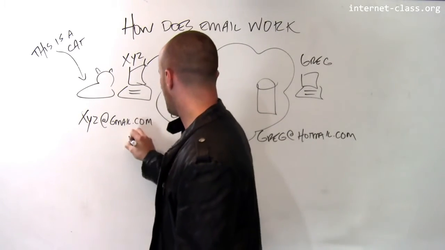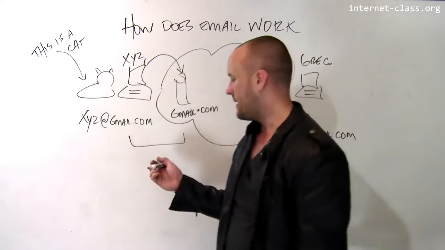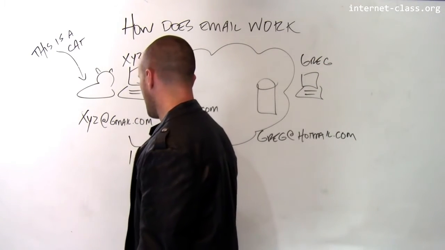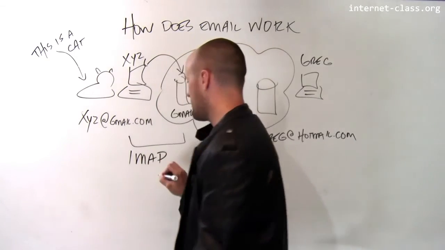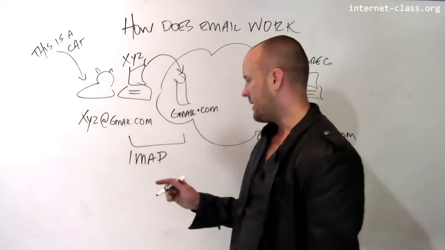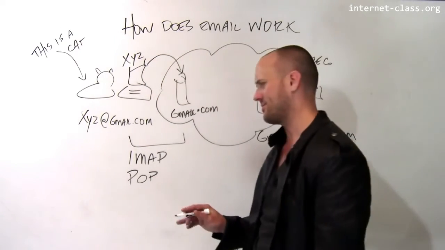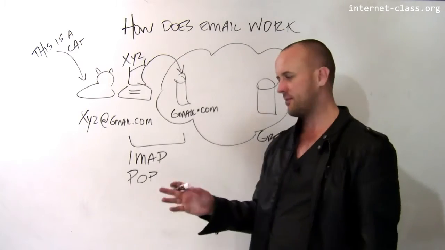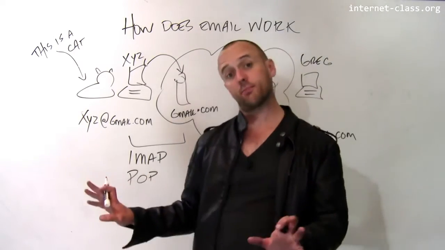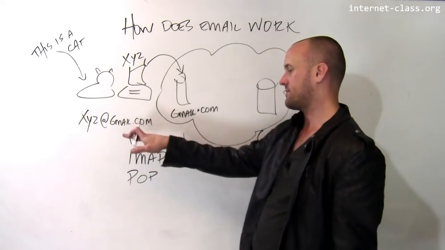In this part of the interaction, a number of different protocols are used. You may have heard of some of them if you had to configure a mail client. One of them is called IMAP, the Internet Mail Access Protocol. Another one, an older version, is called POP, which is not only a funny name for soda, but stands for the Post Office Protocol. There are also Exchange protocols that Microsoft has developed that work here.